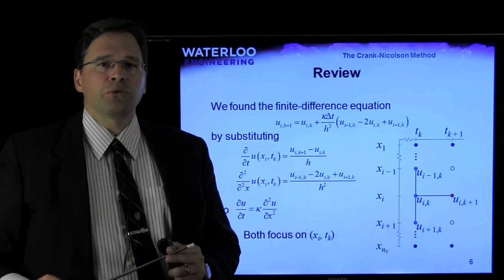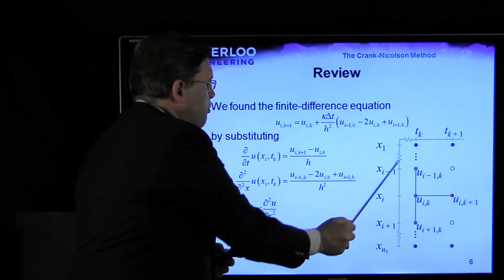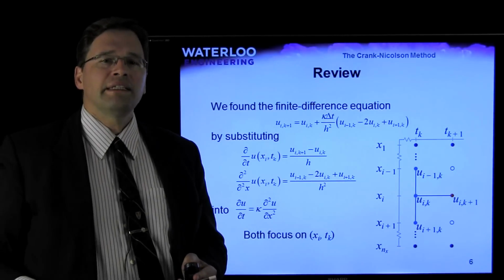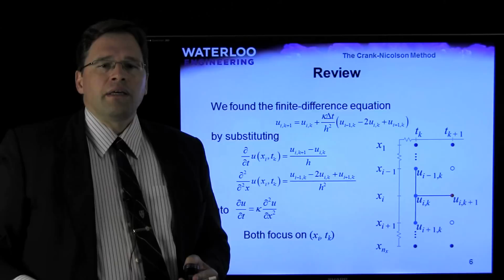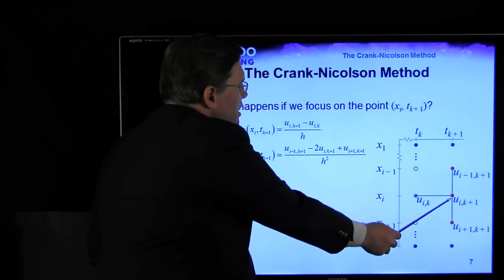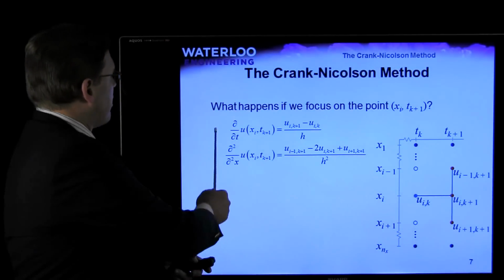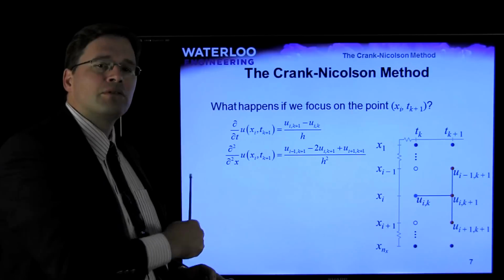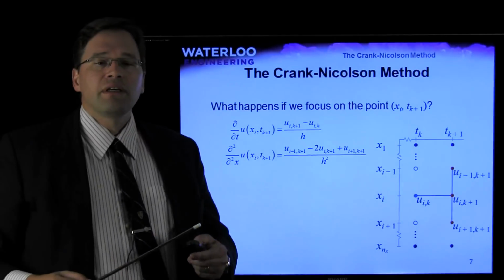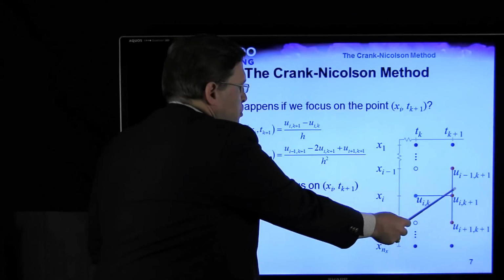Both of these two equations approximated or focused on this particular point at space x sub i and time t sub k. Now, what happens if we focus instead at the point in the future, the unknown point at the future? Well, we can still find approximations of the rate of change over time and the concavity at that point, and then both of these focus at this point.